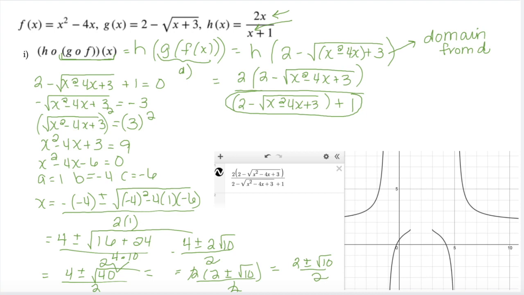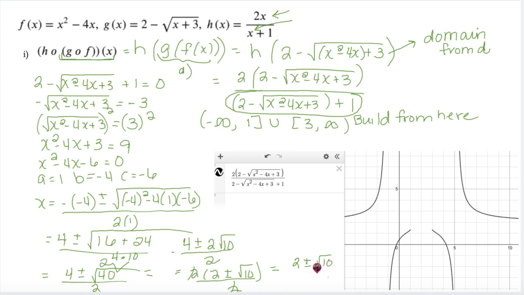So when I look at my domain from D, our domain from D was negative infinity to positive 1, and then from 3 to positive infinity. So we're going to build from here, adding in our asymptotes that we found with 2 plus square root 10 and 2 minus square root 10.